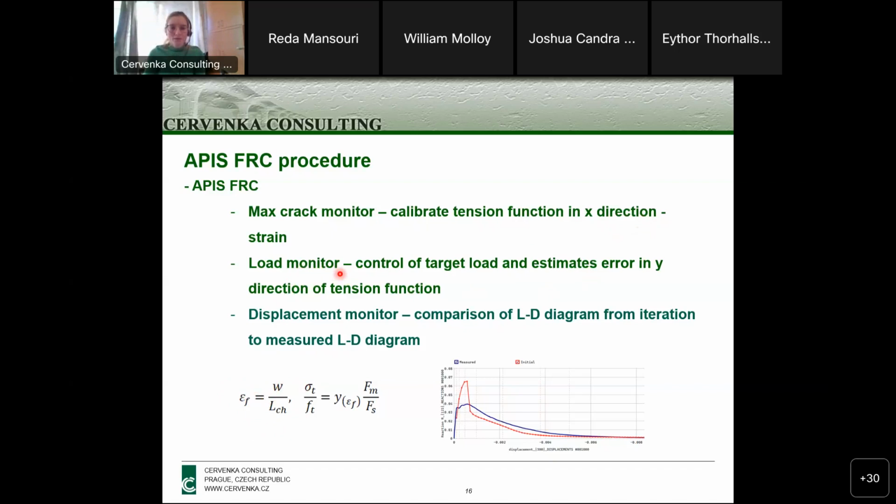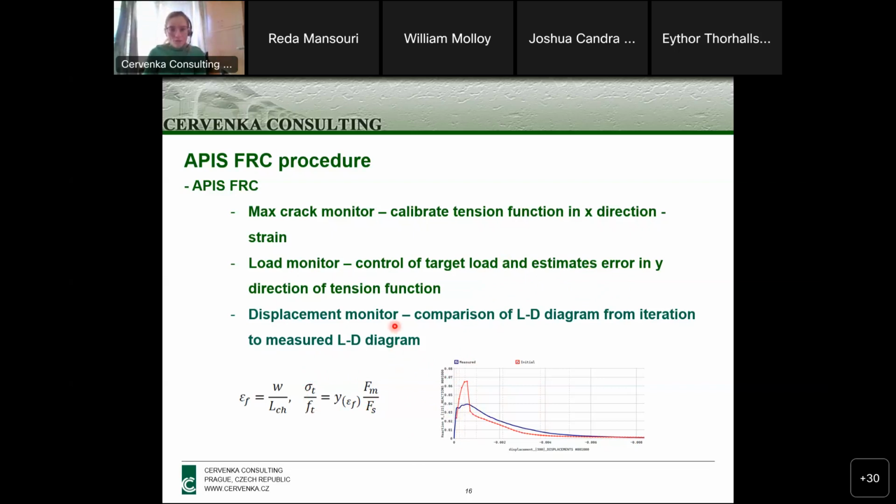Then there is another monitor, the load monitor, that is necessary for the calculation of the Y direction, because we are talking again about the stresses, about the load. So it's calibrating the tension function in Y direction, and also you can see that there is always a difference between the target load and the simulated load, so you can estimate the error that is there.